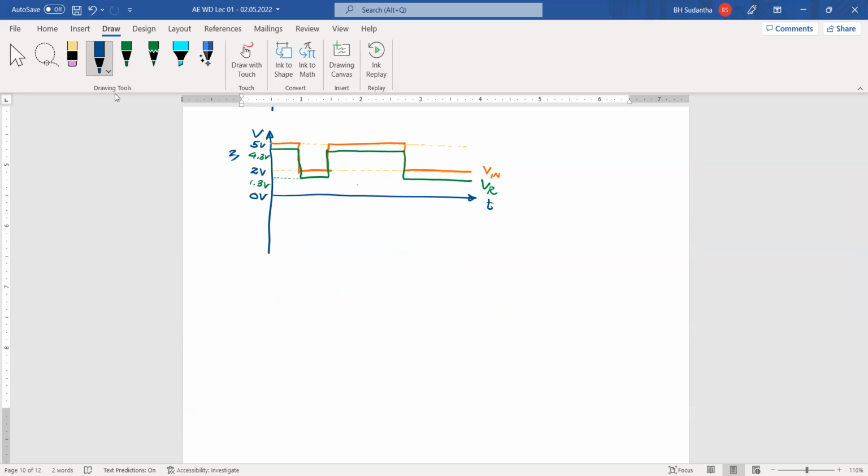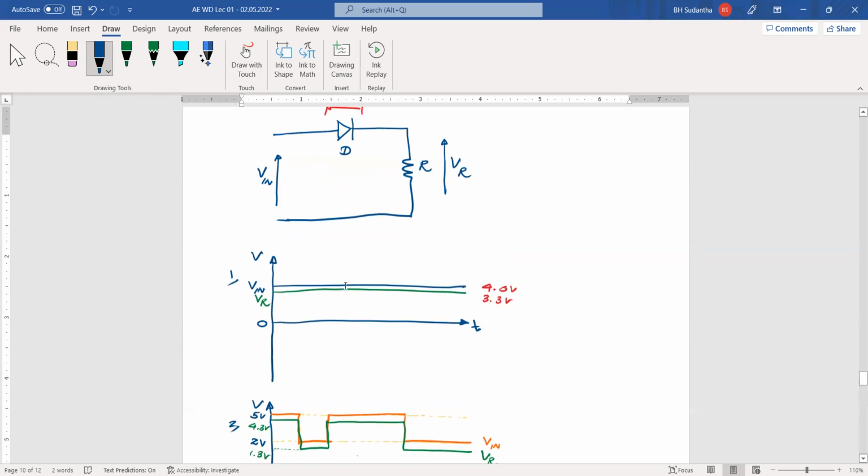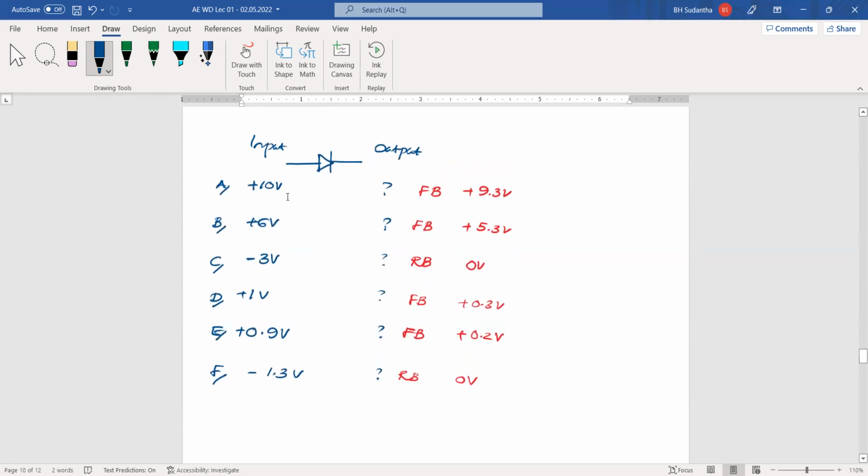If you are okay with this diagram, then if you apply 10 volts, the output will be 9.3 volts. Why? 0.7 volt will be used to break the depletion layer. Then we receive as output the input voltage less 0.7 volts. Then 10 volts minus 0.7, 9.3, is the output.